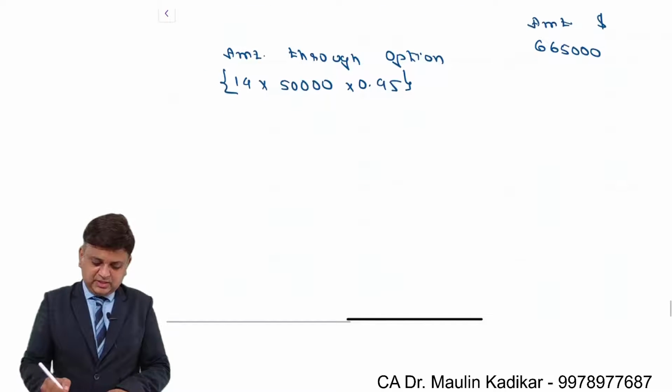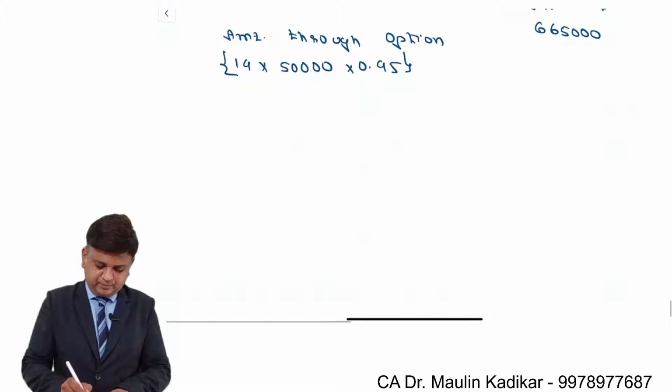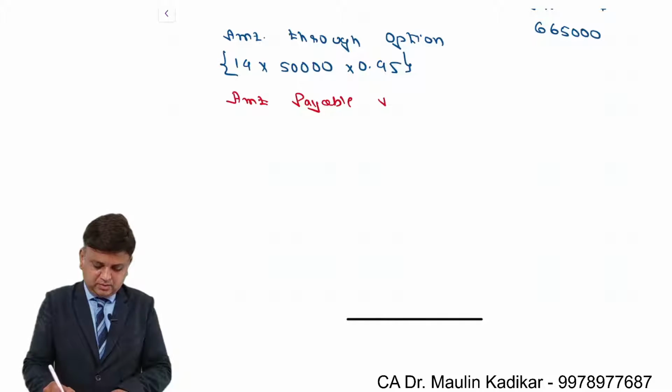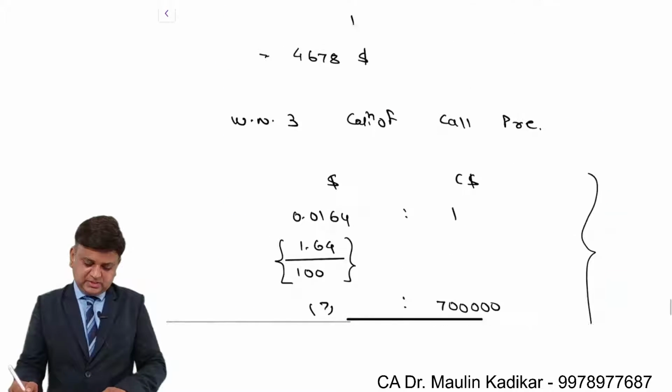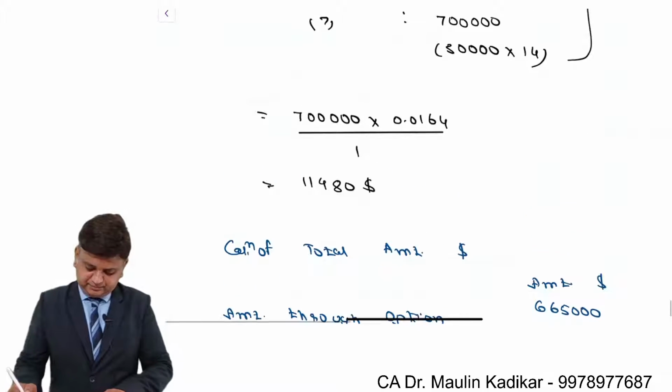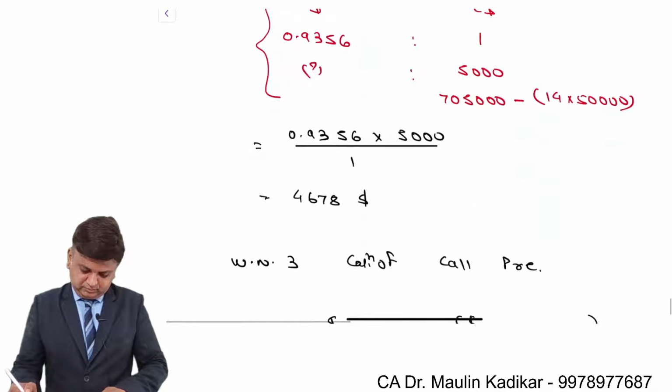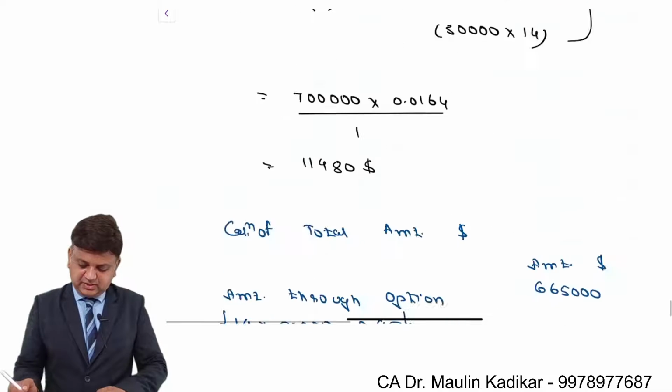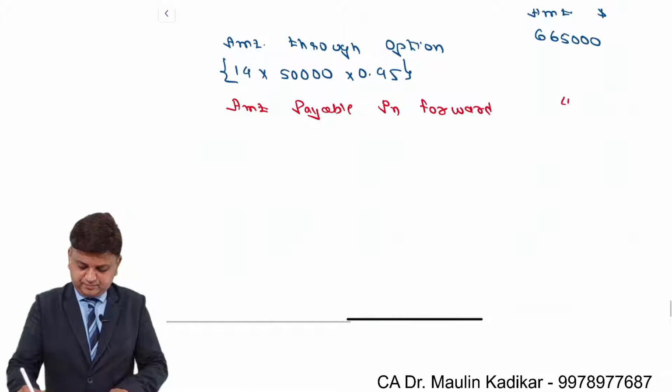Okay. Then the amount payable in forward, that is straight to purchase, so the remaining 5,000. For that it is 4678, and the last is the call premium.